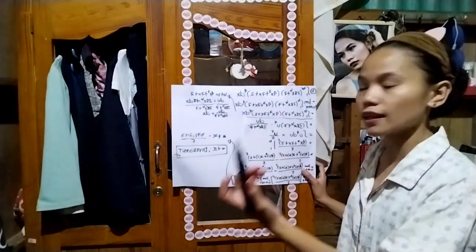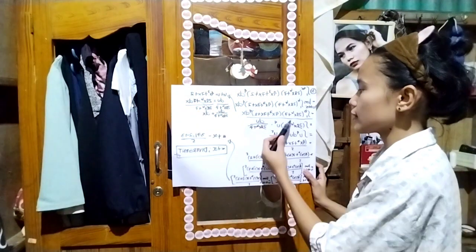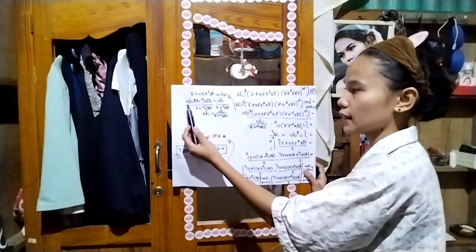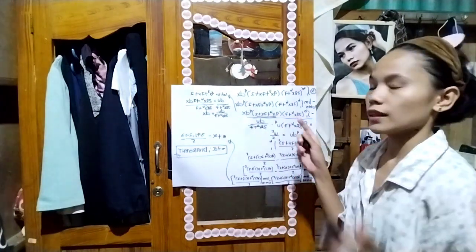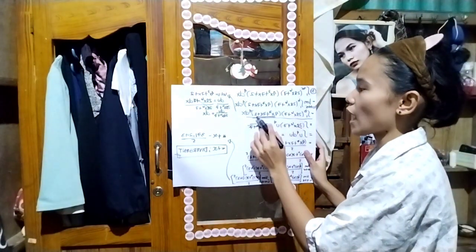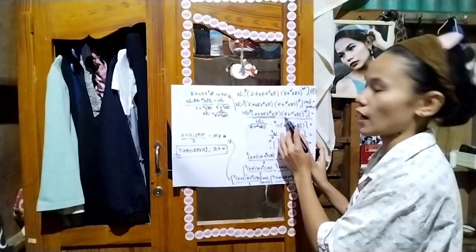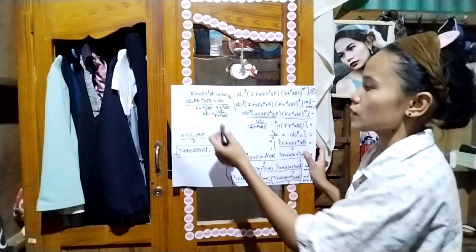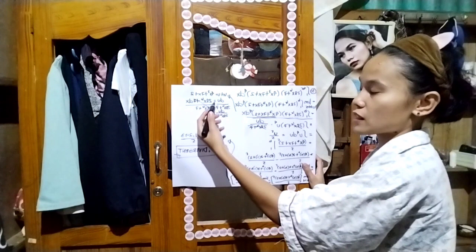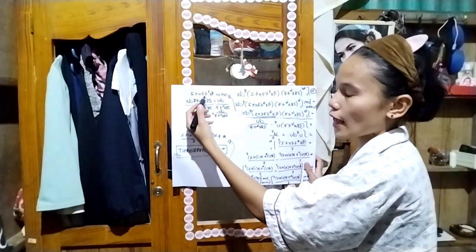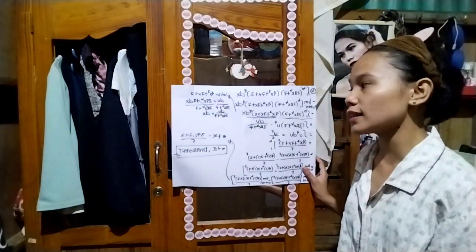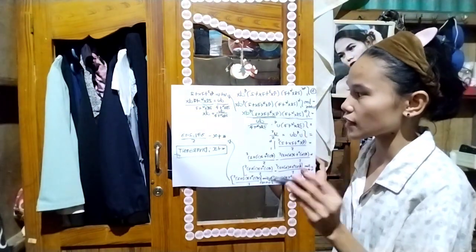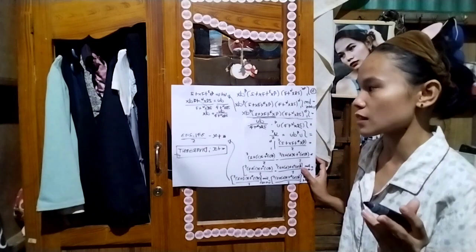Kay ang du niya mao ang 28x to the 6 plus 7 dx. So, kining secondary na kuan, kining gi-parenthesis, mao ang u, then kining isa mao ni siya ang du. Yung sa first. So, ang du, di ba niya is 28x to the exponent of 6 plus 7 dx. So, kung kuan na to ang dx, di ba over na to or i-cancel dapat na to ang 28x to the 6 plus 7.